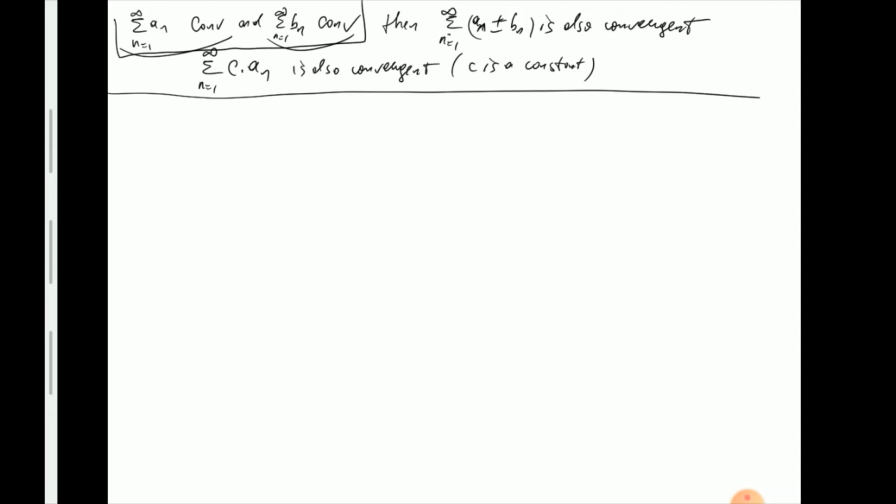Let's say you have summation from 1 to infinity of 5 plus n squared over 3 times n to the power of 6.